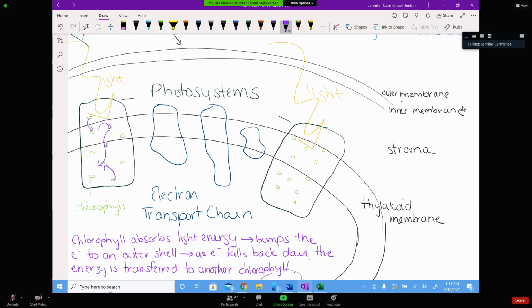And it's just chaotic energy being transferred all around. Disorganized.